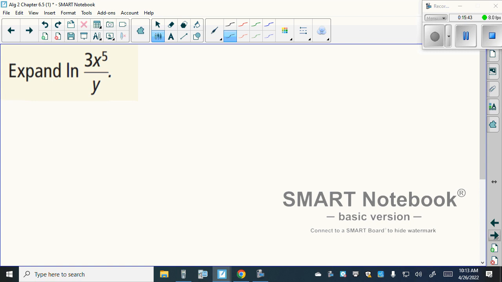So, let's expand the natural log of 3x to the 5th divided by y. So what can we do first? The quotient, our division. So we can rewrite it as ln of 3x to the 5th minus ln of y.